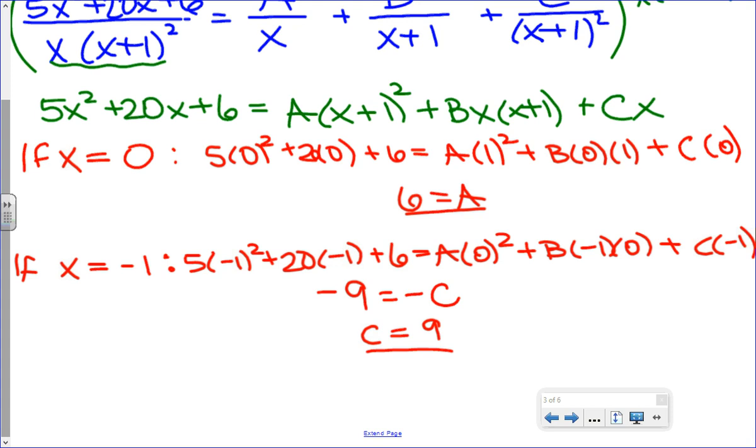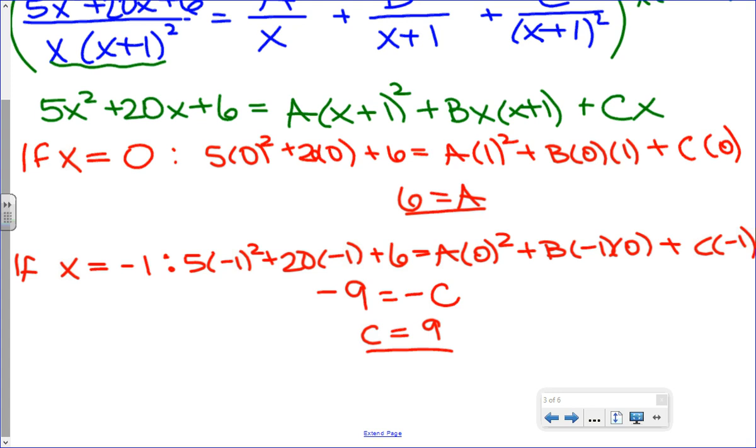Have we found all 3 of our constants? No. And we have run out of factors to make 0. What are we going to do? Do we know A? Do we know C? Can we plug anything into X? We can plug anything into X. So if we know C and we know A, and we can plug numbers in for X, that only leaves us with B, correct?